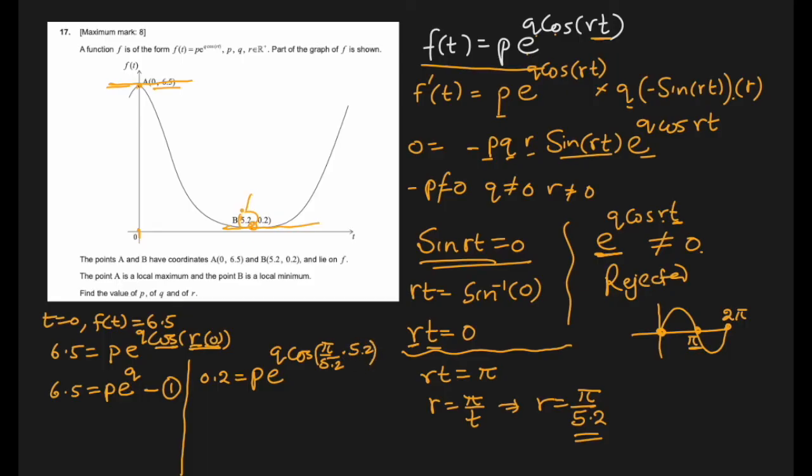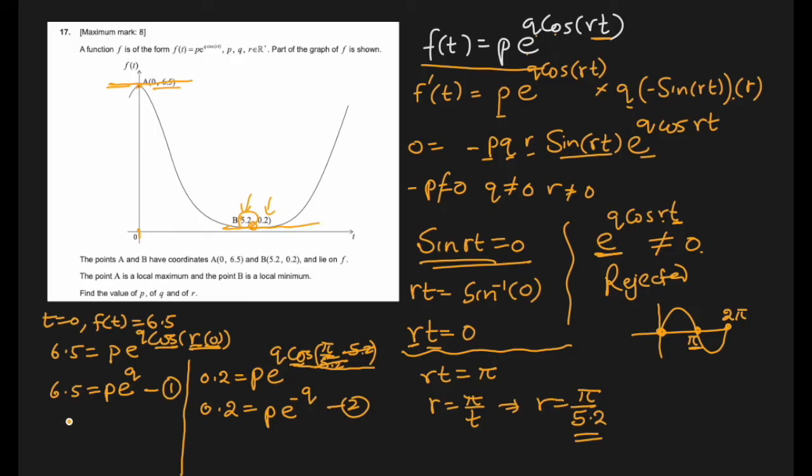Yeah, this T is 5.2, Ft is 0.2. That's what we substituted here. So this 5.2 and this 5.2 cancel. Cos pi, if you use a calculator, is -1. So 0.2 equal to P e to the power minus Q, because this whole thing is -1. Alright, this is equation number 2.